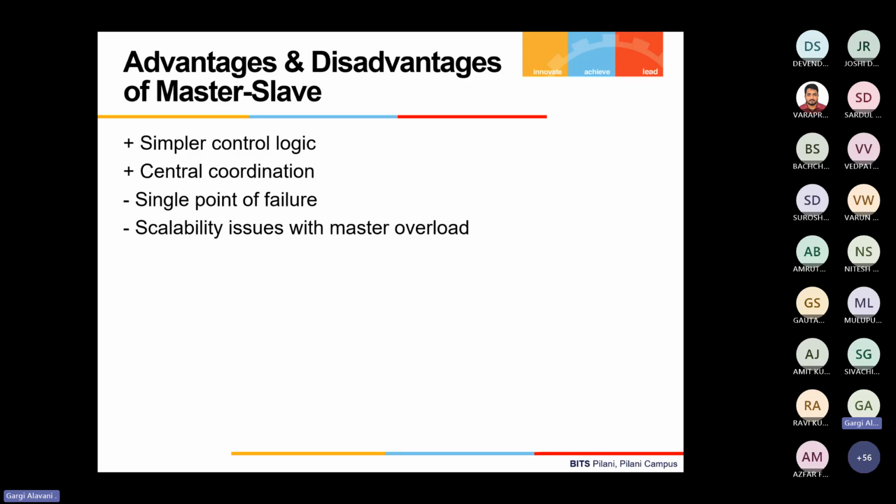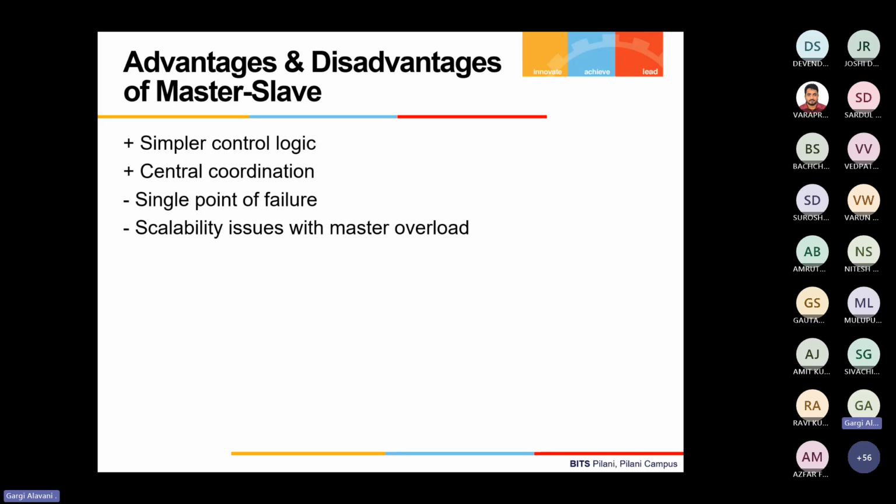So yes, an advantage is that there is simple control logic. There is only one node responsible for coordination, so it's easier to implement and manage, and control flow is quite easy. The master also has a global view of what the tasks and resources are, which allows better task distribution and makes debugging and logging easier for different slaves.